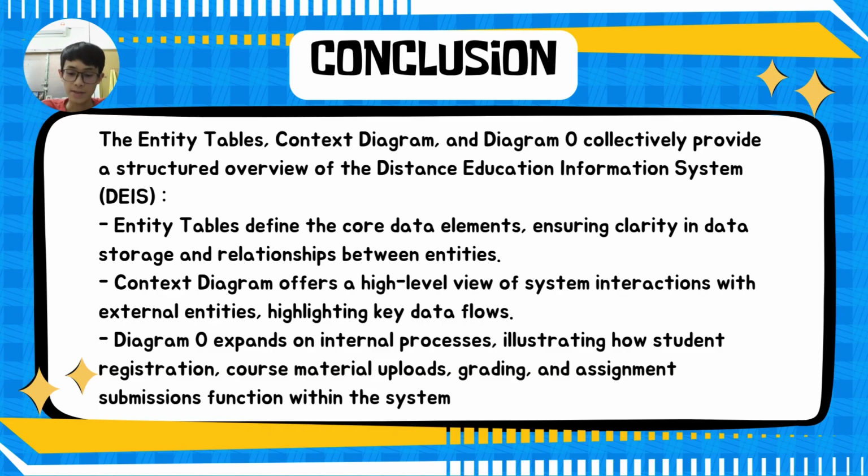The context diagram offers a high-level view of system interactions with external entities, highlighting key data flows. Diagram 0 expands on internal processes, illustrating how student registration, course material upload, grading, and assignment submission function within the system.